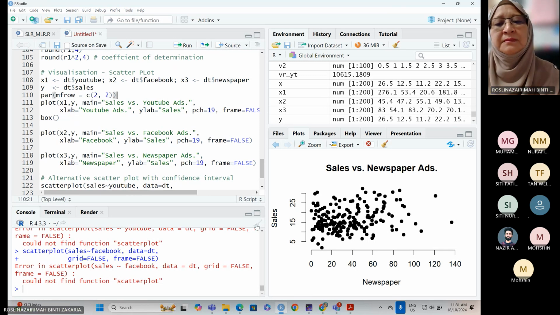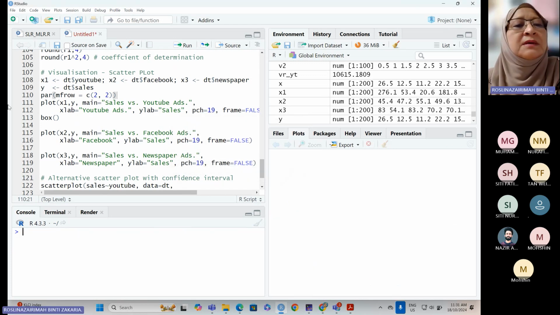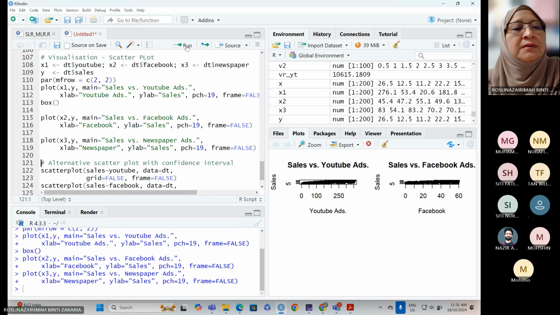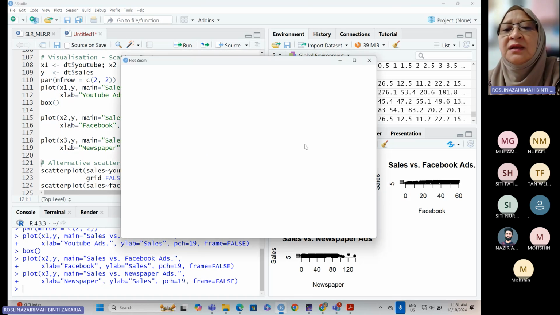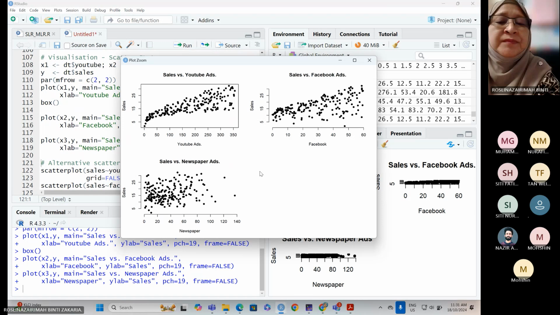Okay, run it again. X1, Y, bar plot. Since we only have three, this is it. You can plot in one frame.